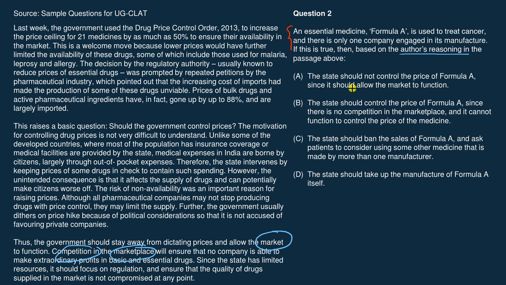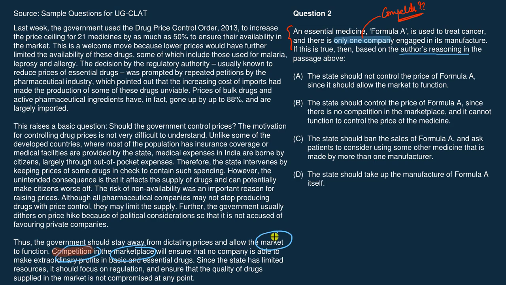Let's look at fact. And one of the critical elements of the author's reasoning is this thing called competition. And when you analyze this particular case here, one of the critical things is that there is only one company. If there is only one company, ladies and gentlemen, where is the competition? There is no competition.